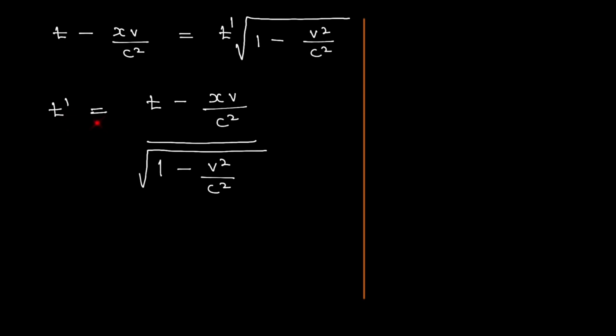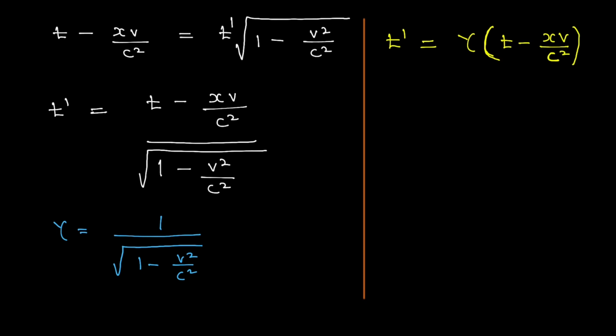Now t prime is equal to t minus xv over c squared, all divided by root 1 minus v squared over c squared, but 1 over root 1 minus v squared over c squared is gamma. Therefore we can say t prime equals gamma times (t minus xv over c squared).